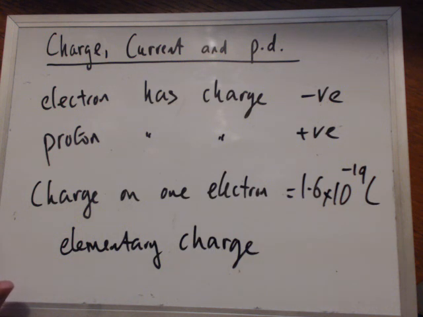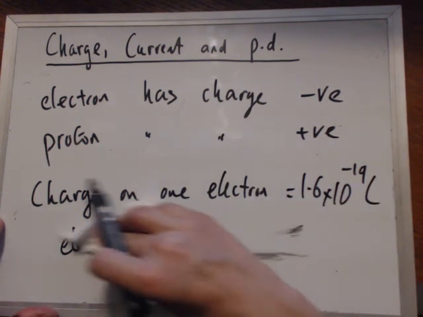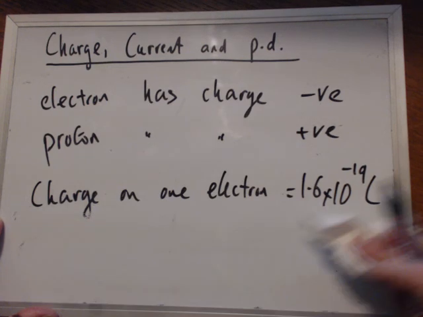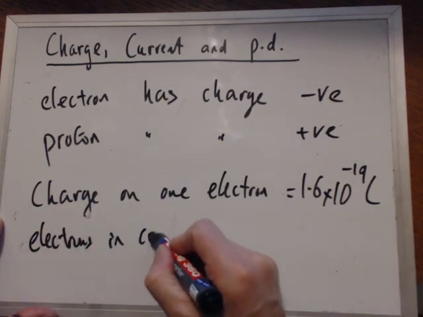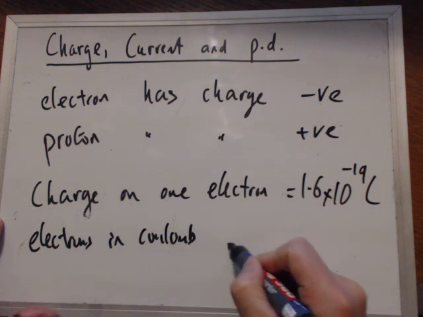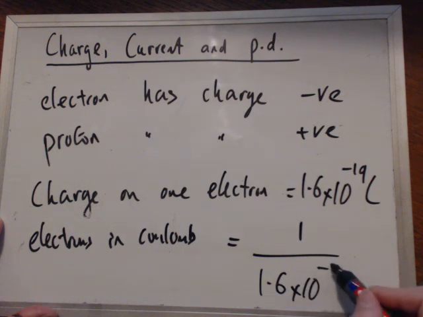Now we can also say that there are a lot of electrons in a coulomb. In fact, to find the number of electrons in a coulomb, all you need to do is put the value of 1 over 1.6 times 10 to the minus 19.